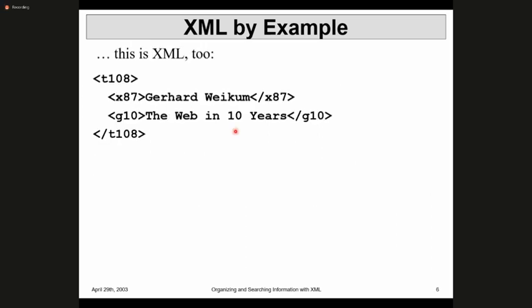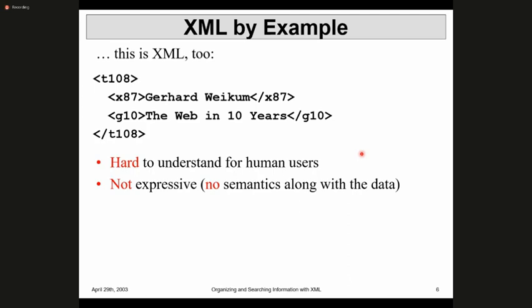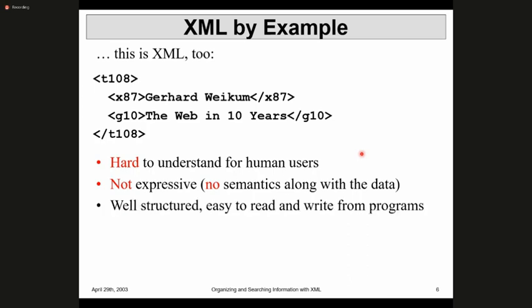Can you understand this? No, right? We don't know what this is, we don't know what that is. Hard to understand for human users, not expressive, right? Well structured, easy to read and write from programs, right?